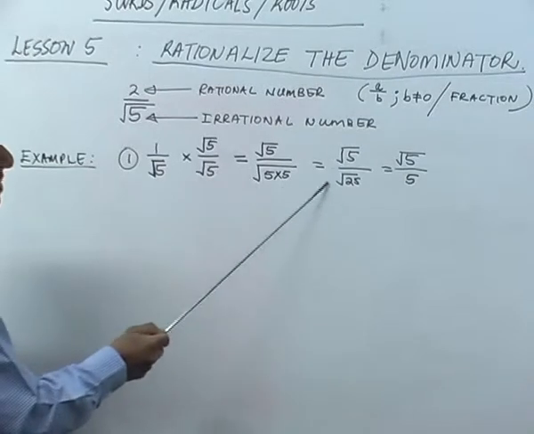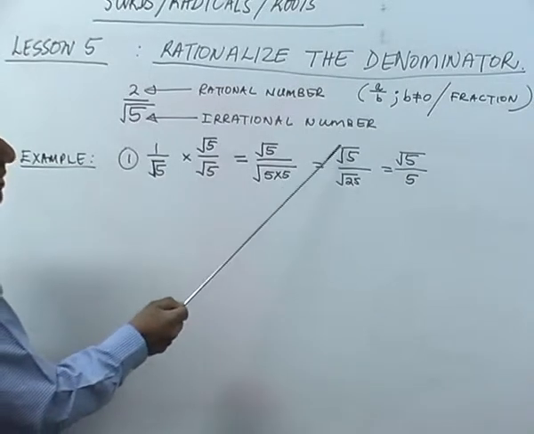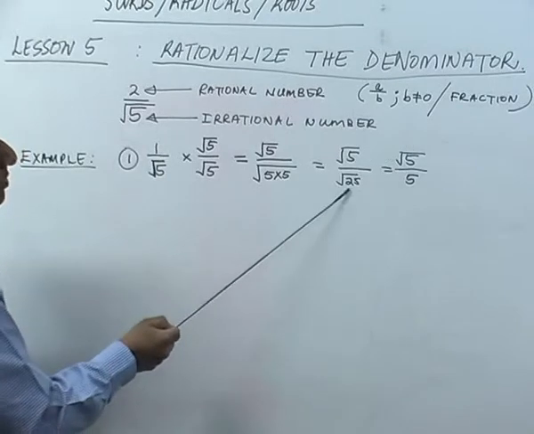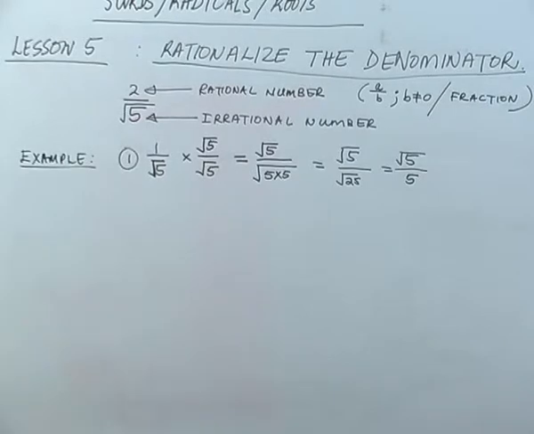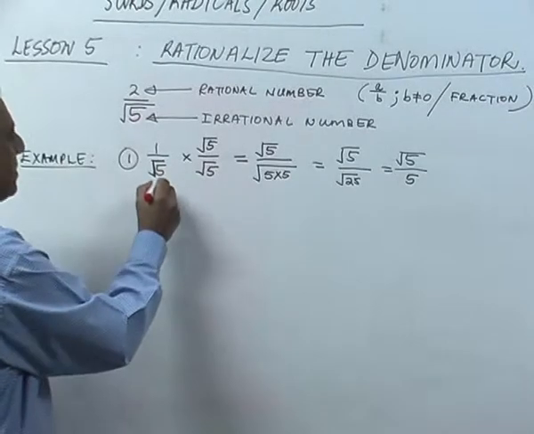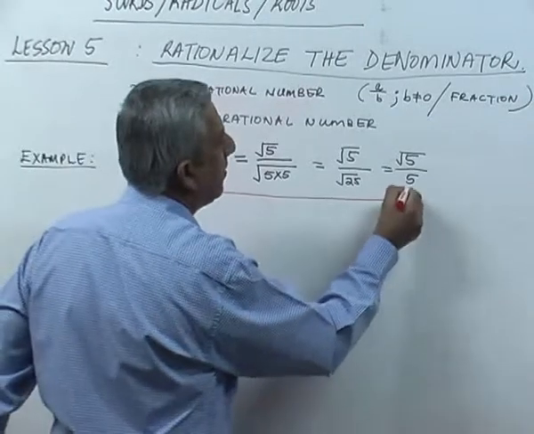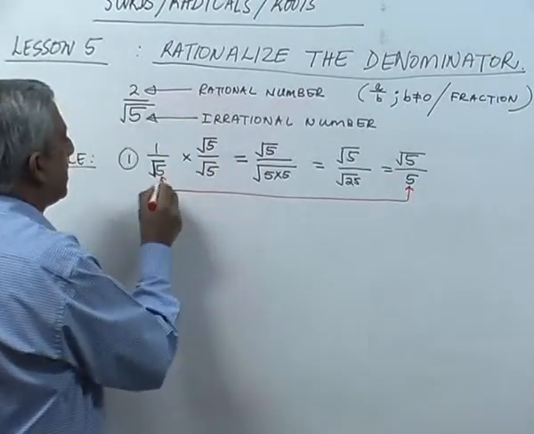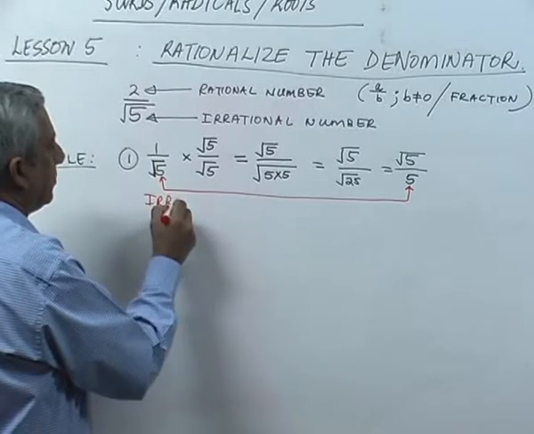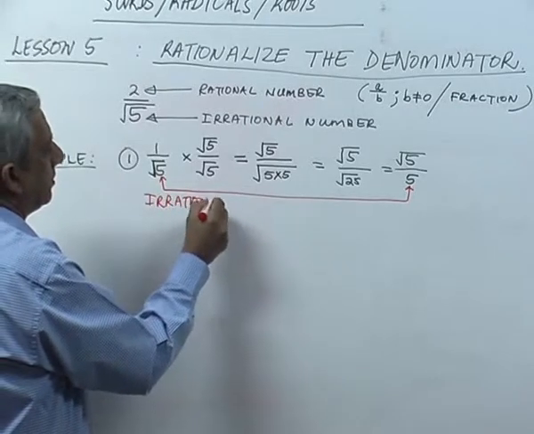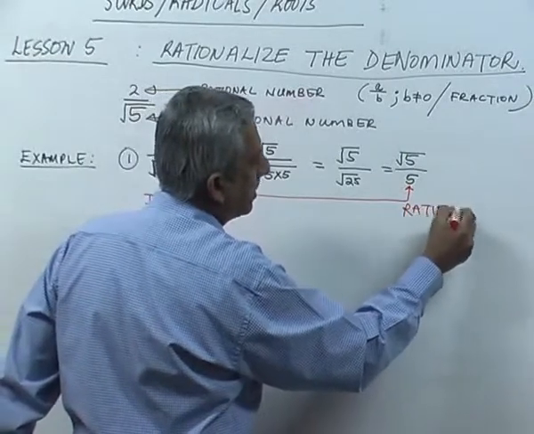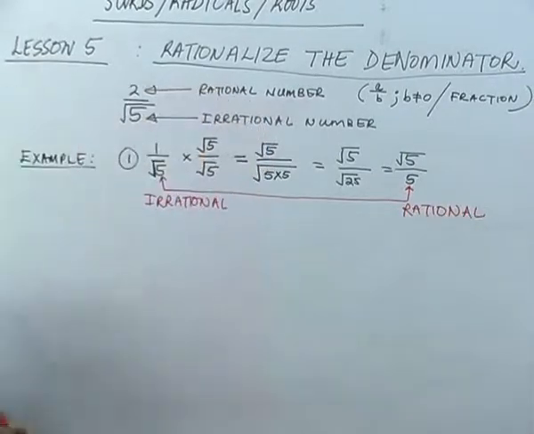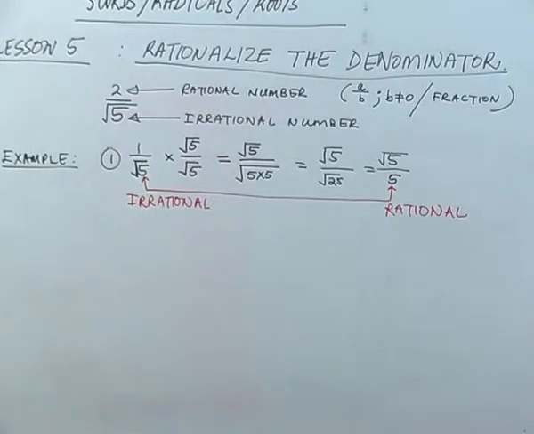Square root of 5 times 5 is really square root of 25. That remains the same, but square root of 25 is 5. Now you can see that the denominator, which was irrational, has now become rational. This was irrational. And it now has become rational. That is why we say rationalize the denominator. Alright, let's do another example.